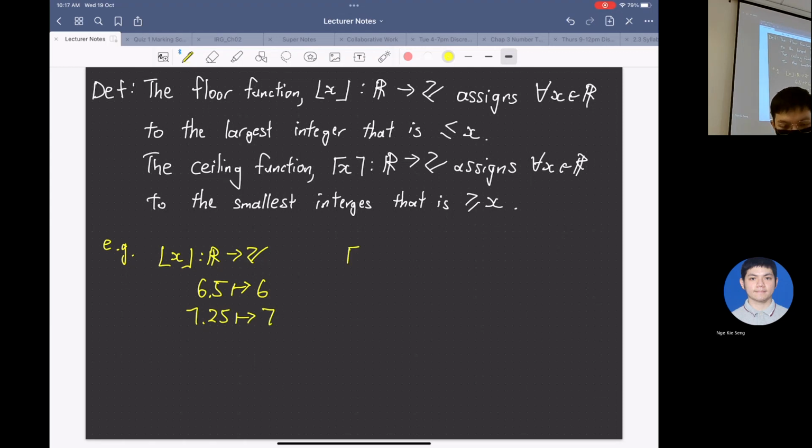You take the ceiling of 6.6, what do you get? 7. If you take the ceiling of 7.25, what do you get? 8. Yeah, good.